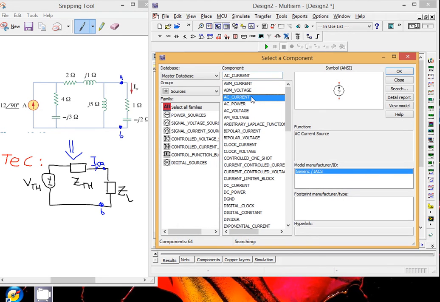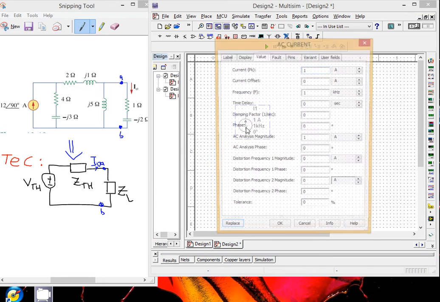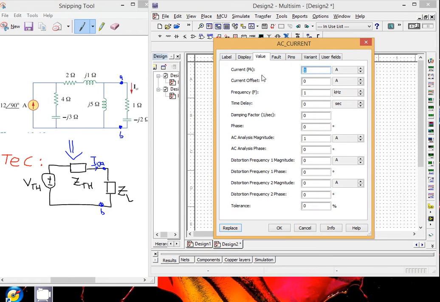So just select this, press OK, and place here. Okay, to key in the value, double click, and let's say the frequency is 50 Hertz.